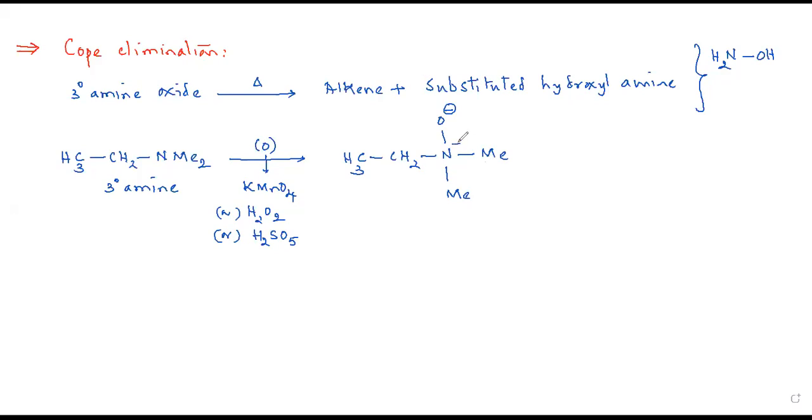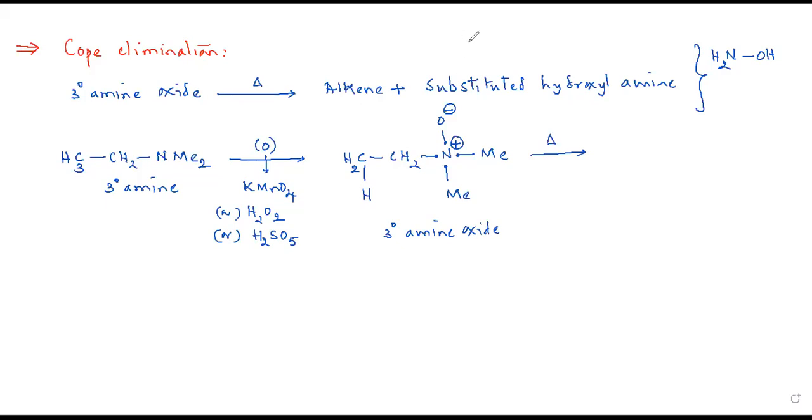Then, of course, a positive charge on nitrogen because it has only 4 electrons of its own as against 5 that it has to have. Right. Now, see, for convenience, let me take it this way. Okay. So this is our 3-degree amine oxide. Now this is going to undergo pyrolysis.